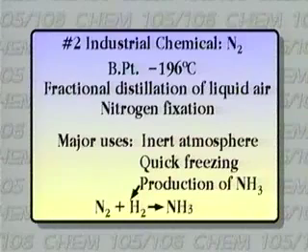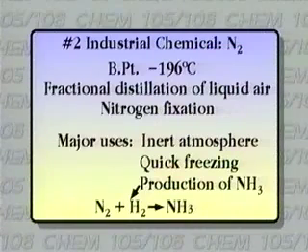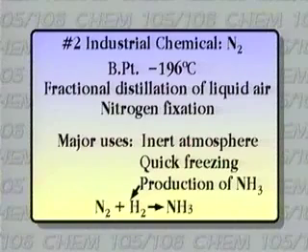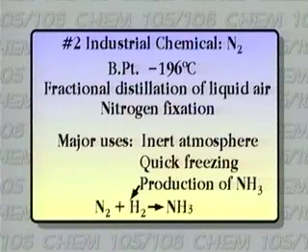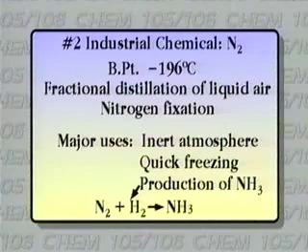We then slowly raise the temperature, and nitrogen, which boils at minus 196 as compared to oxygen, which boils at minus 183, boils off first, and so we separate it by distillation. So we boil off the pure nitrogen, recollect it, recompress it, and put it into liquid nitrogen.